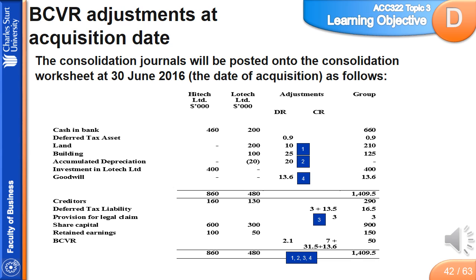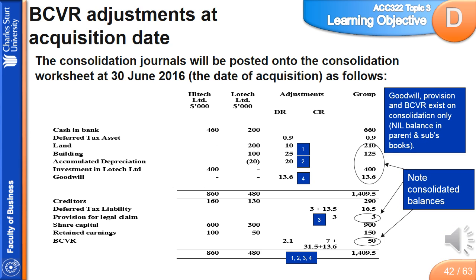So we've got the deferred tax, which is a new account created from the consolidation entries. We've got land increased to 210,000 from 200,000. And buildings is increased, accumulated depreciation is eliminated.